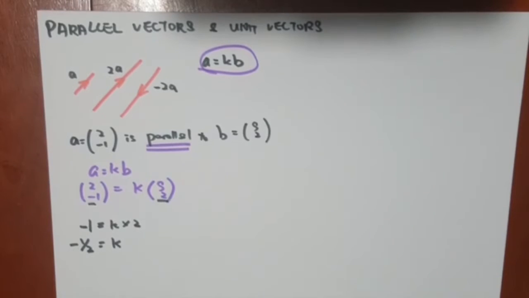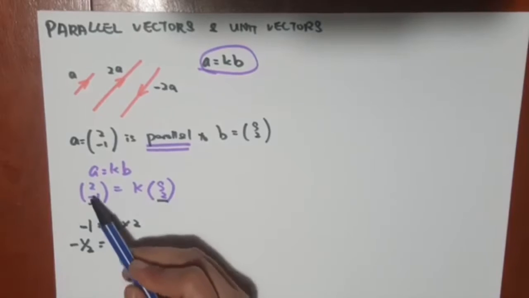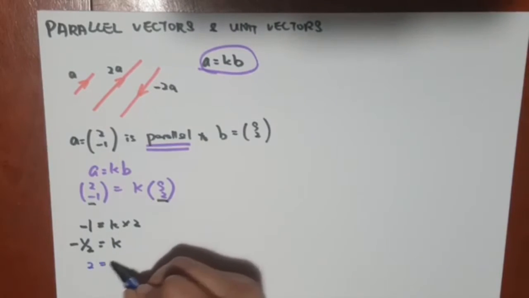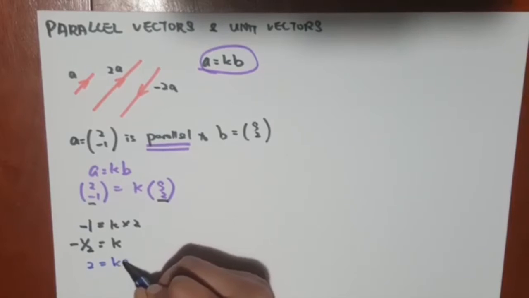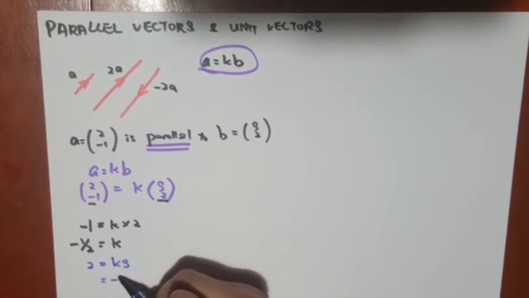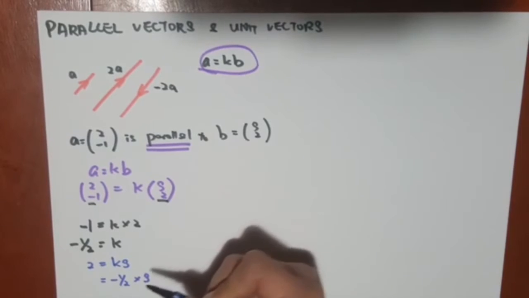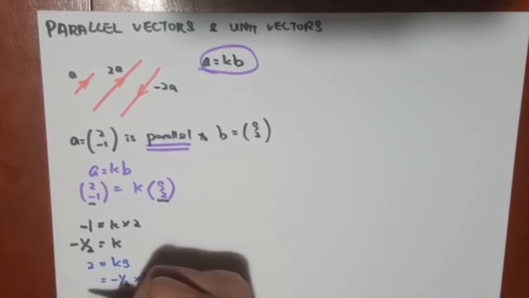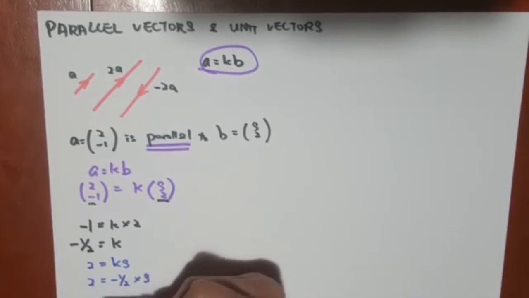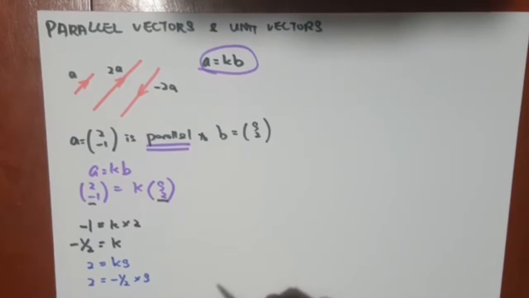Once I get the value of K, I can focus on the top number, which is 2 equals KS. Now I know that my K is negative half, so 2 equals negative half times S. In order to find the value of S, I need to shift my numbers around. Just doing normal algebraic solving, I can find that the answer is S equals negative 4. So I have found the value of S.